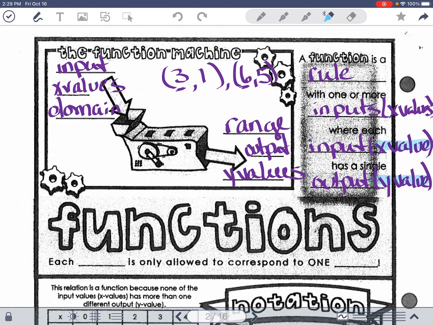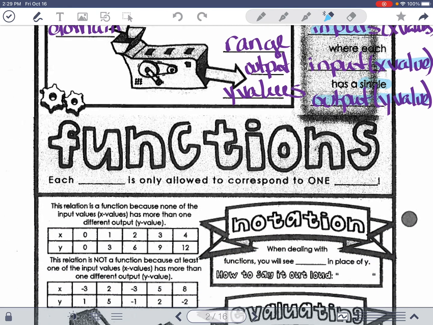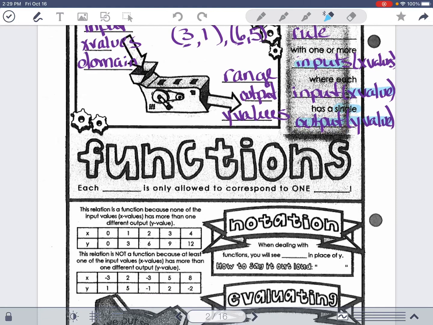X value, y value, input, output, there's only one. Functions: each blank is allowed to correspond to one blank. Each x value is allowed to correspond to one y value. Okay? That's the definition of a function.